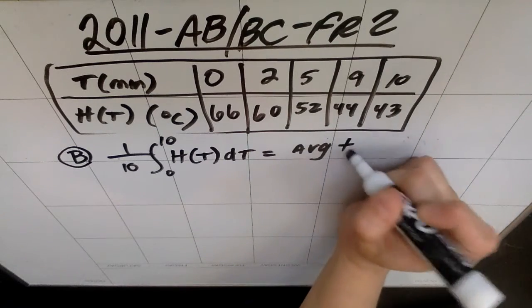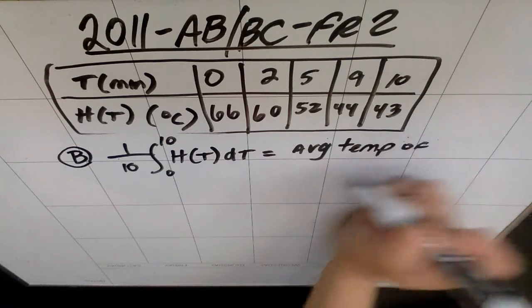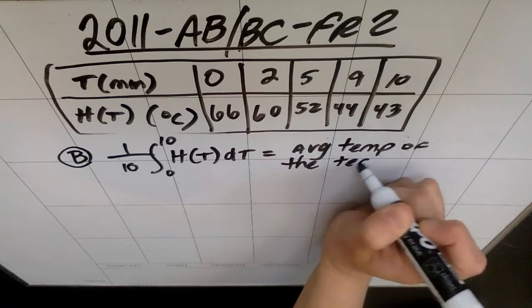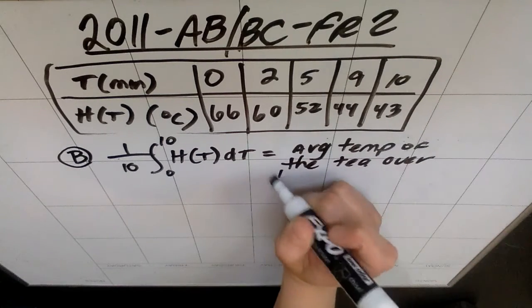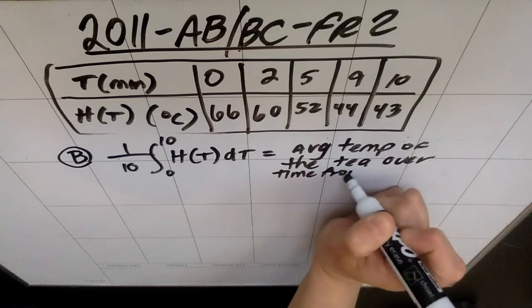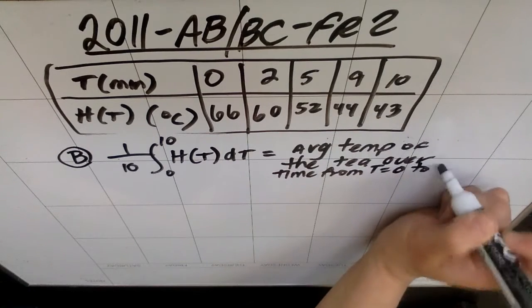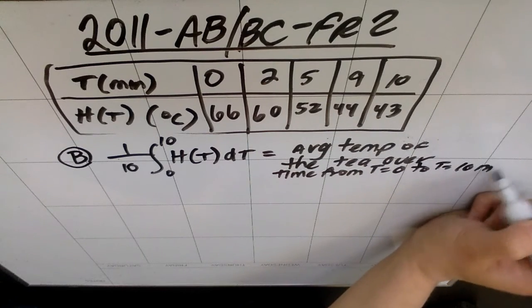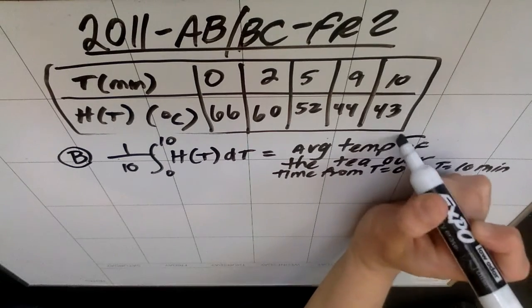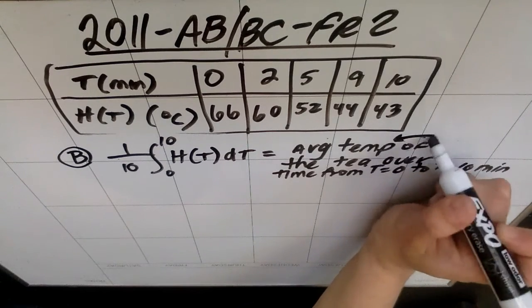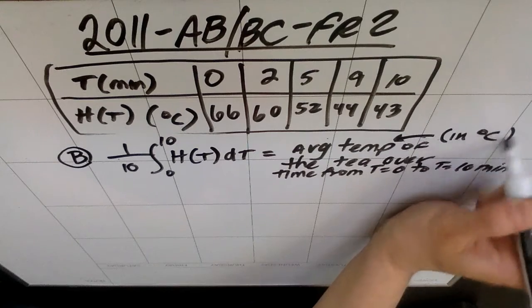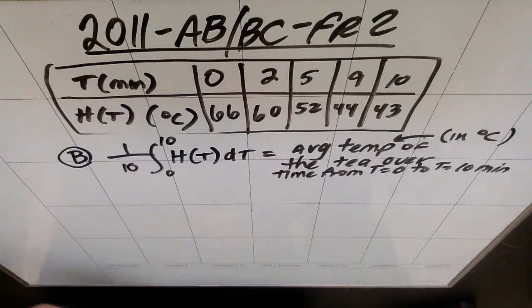This is the average temperature of the tea over the time from t equals 0 to t equals 10 minutes, right? And I should mention, because anytime they have units, they want you to use it, so the average temperature in degrees Celsius. And if you had to, you'd squeeze it in the same way I did, and it's fine, right?